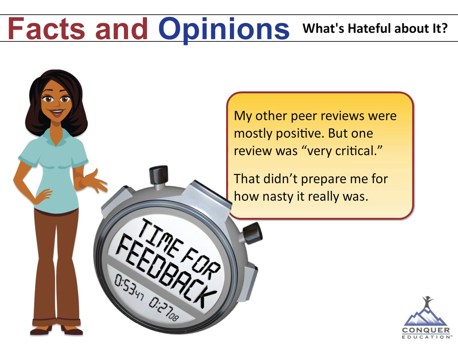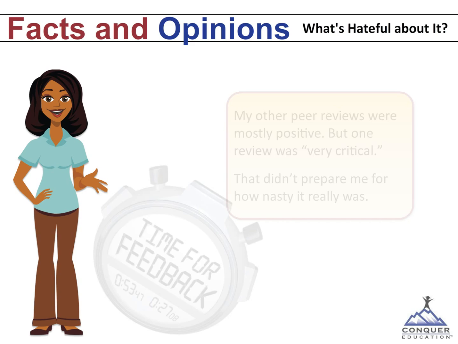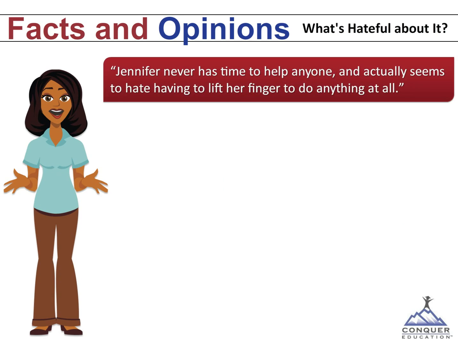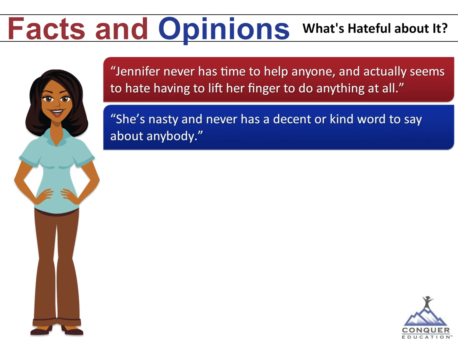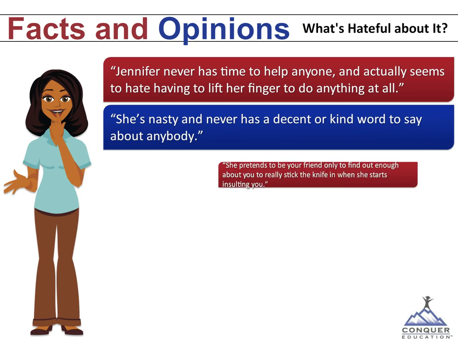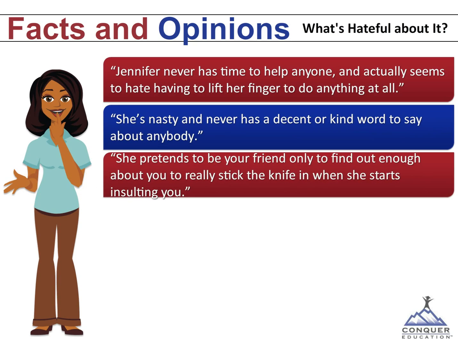Here are some highlights. Jennifer never has time to help anyone and actually seems to hate having to lift her finger to do anything at all. She's nasty and never has a decent or kind word to say about anybody. She pretends to be your friend only to find out enough about you to really stick the knife in when she starts insulting you.